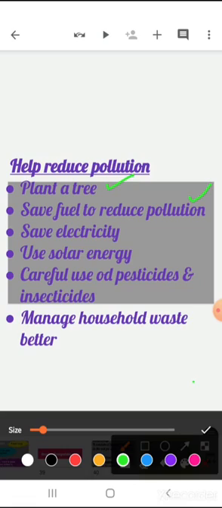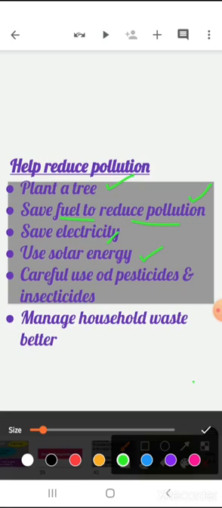It means walk or cycle for short distances to save the fuel, because we can save the natural resources, and this can also reduce the pollution. Save electricity means we don't have to waste the electricity.